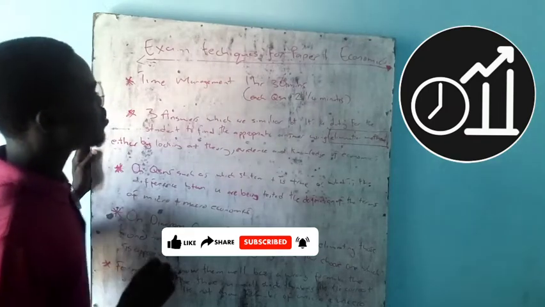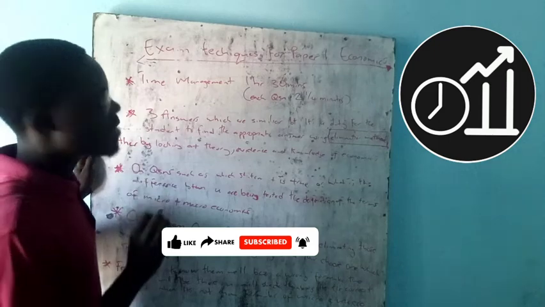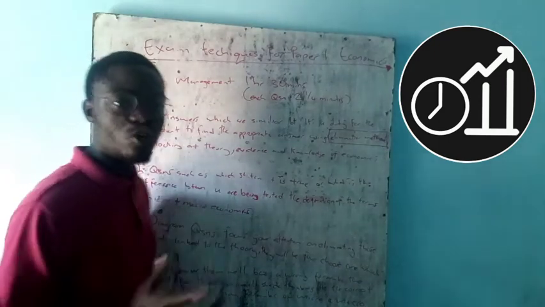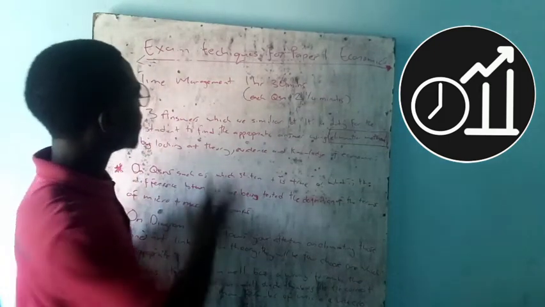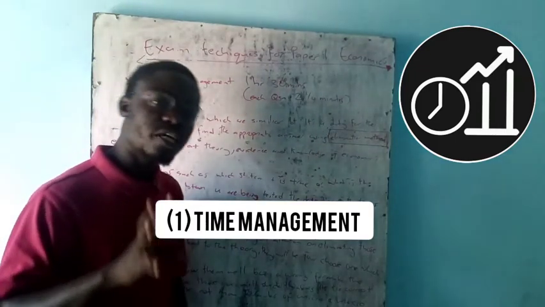One thing that you need to know about the examination technique for paper 1 economics is that time management is very crucial. We are looking at a 1 hour 30 minutes paper where you are supposed to answer 40 questions.